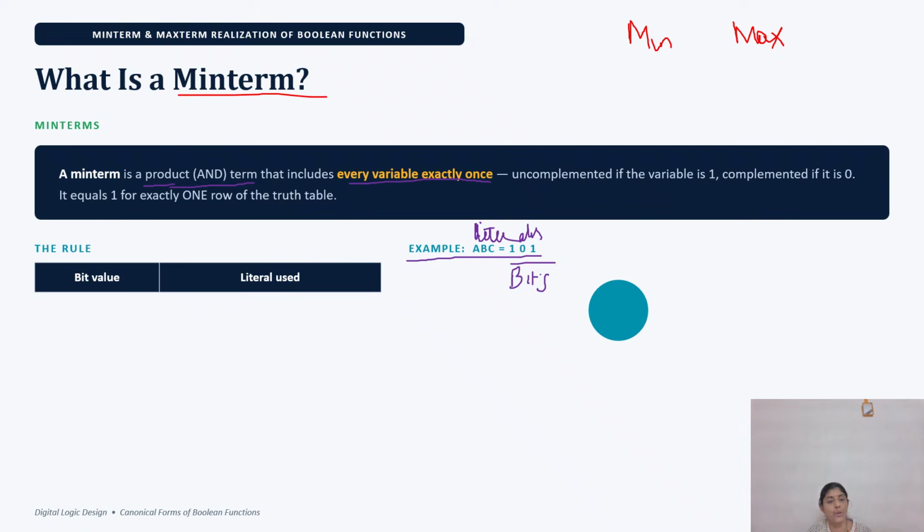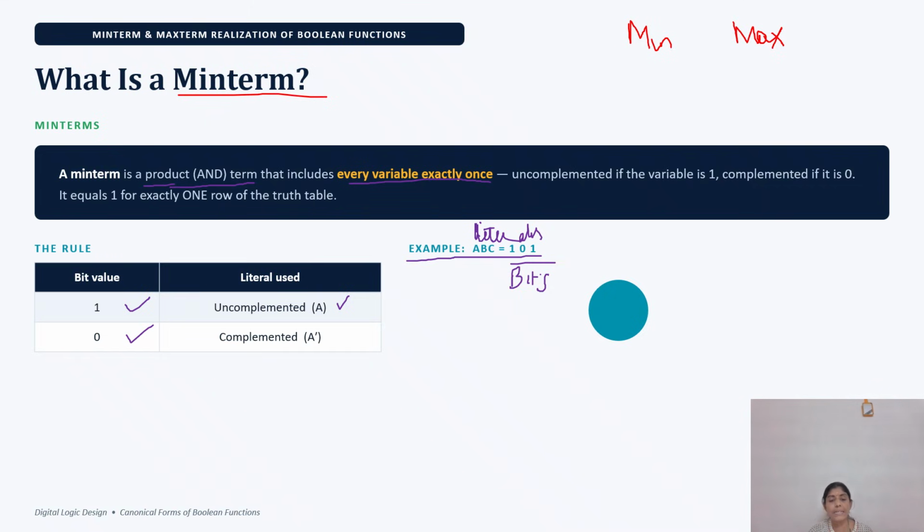Example: ABC equals 101. First, check over the rules, right? So what is the rule here? The bit value may be 0, otherwise the bit value may be 1. If the bit value is 0, what does it mean? It is an uncomplemented form, I mean the literal is A. When the bit value equals 1, what does it mean?